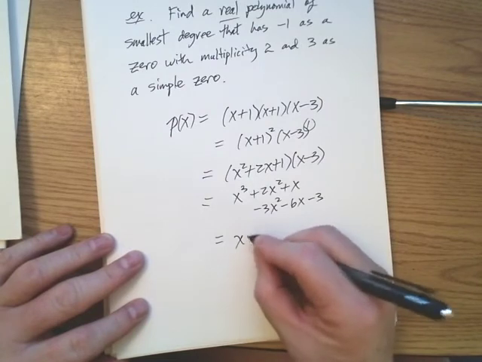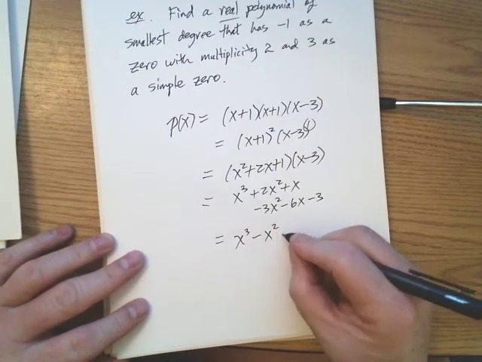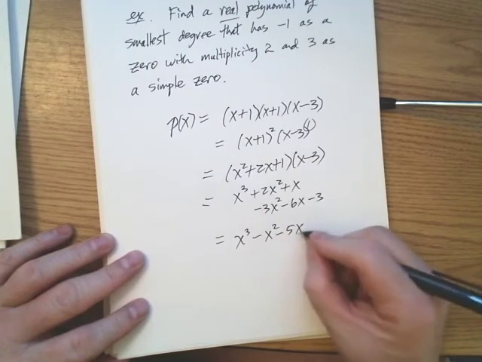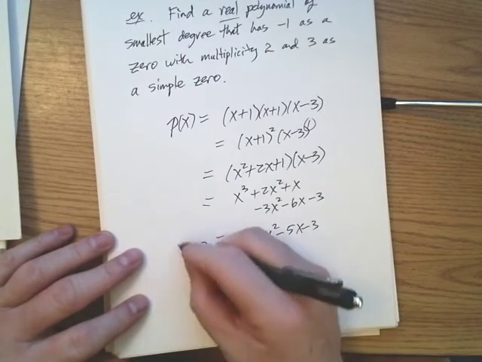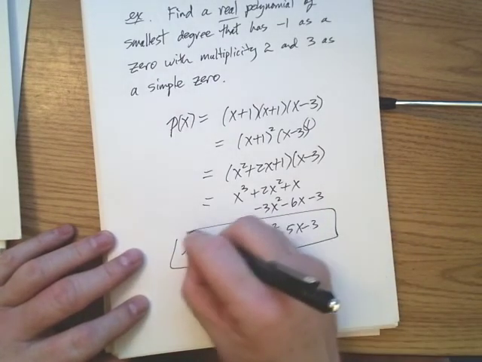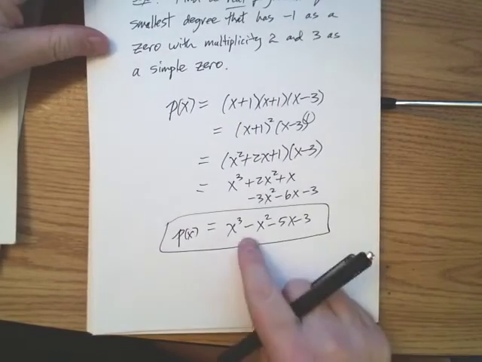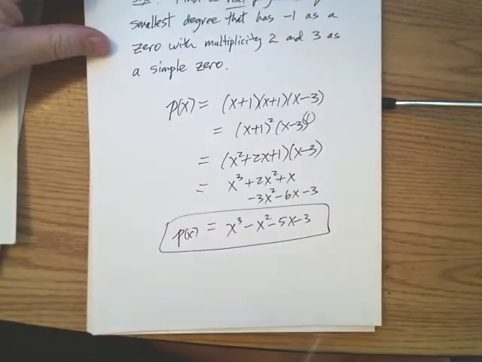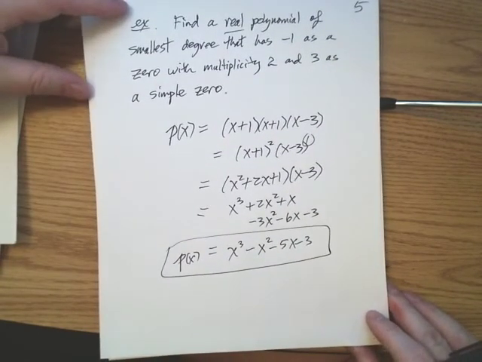That's all that's required. x cubed minus x squared minus 5x minus 3. P of x. So this has what? -1 with multiplicity 2 and 3 with multiplicity 1, or a simple 0. Among its zeros.